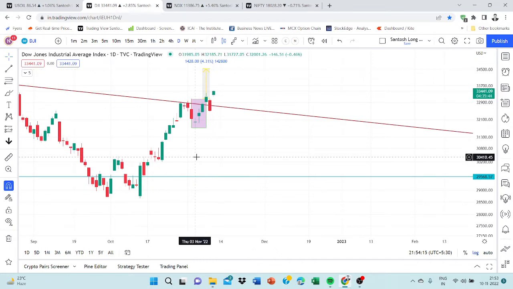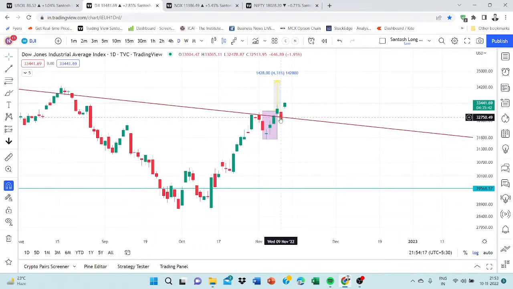So let's see what happens. There was a breakdown, but today inflation data was out, so Dow Jones has made a nice upside move, 933, 934, as you can see here, 935 plus. So our market is supposed to make a gap up tomorrow. Let's see what happens.